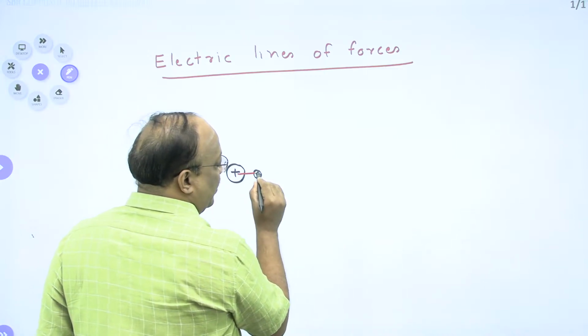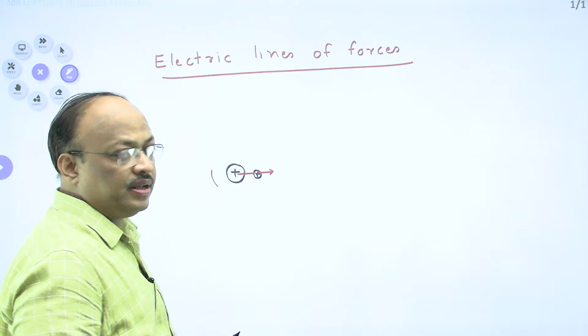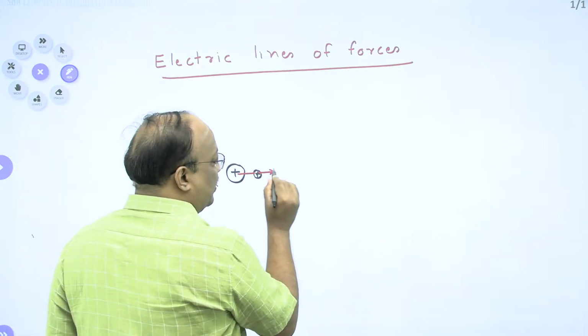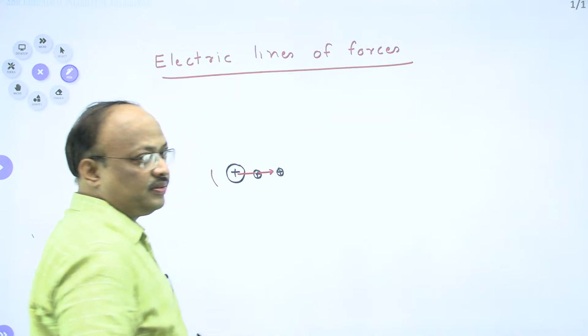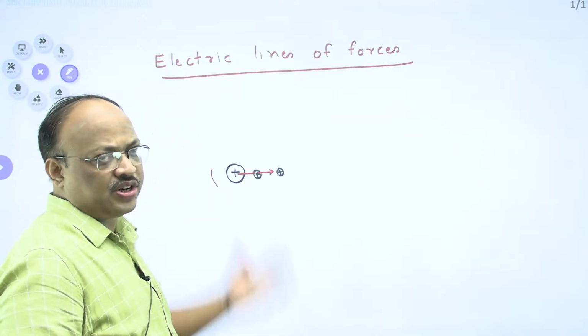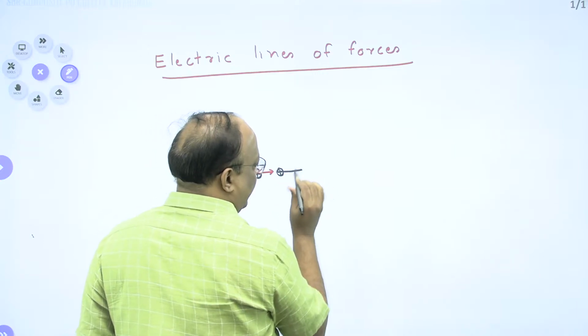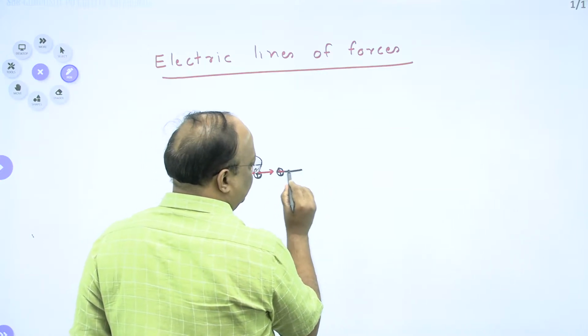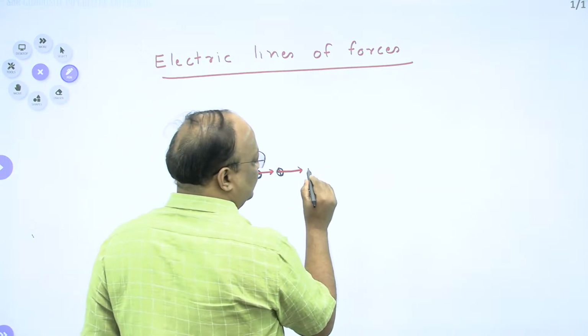So it will be repelled and move here. After some fraction of time, once again the repulsion will be there, and it will be moved here, and here. So it comes here.